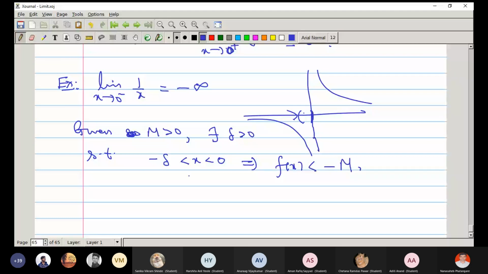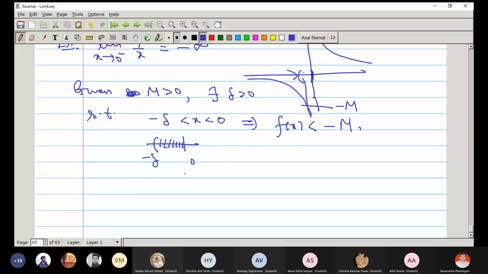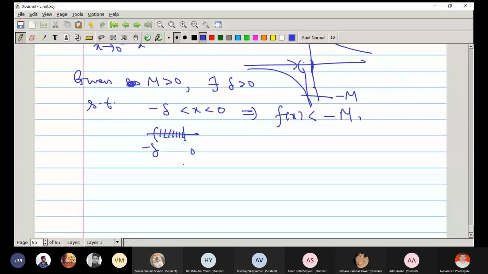Given any positive m, we can produce delta such that whenever x is in this range, minus delta to 0, f of x is less than minus m. I have chosen m sufficiently large positive. And this is easy to see, right? Correct? Yes, sir.